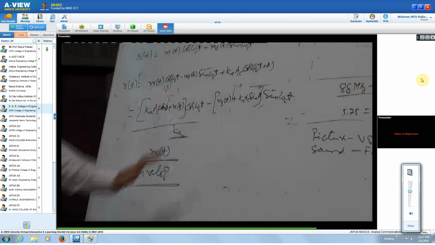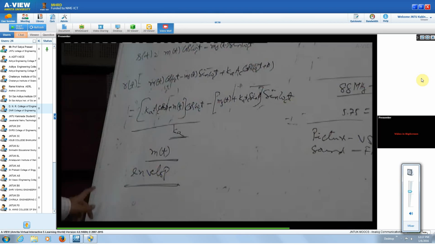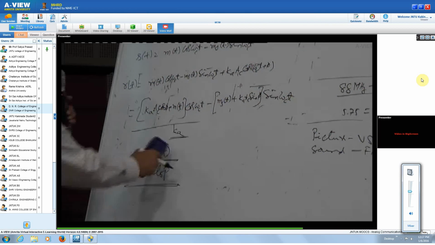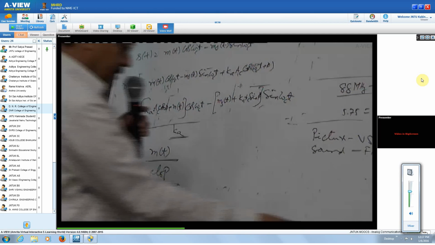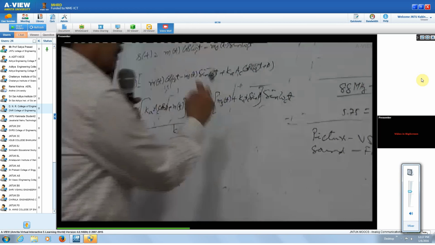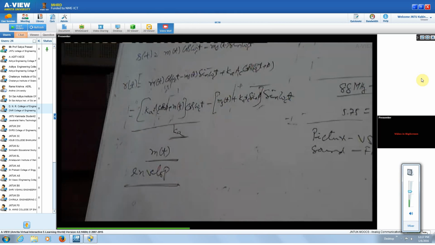All the steps follow the same way, and with the envelope detector we are able to get back the original signal m of t which has been transmitted. So this is how we get the simple detection of your VSB signal.